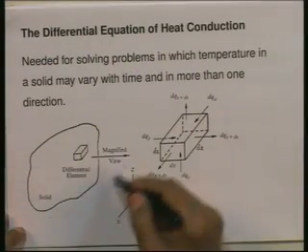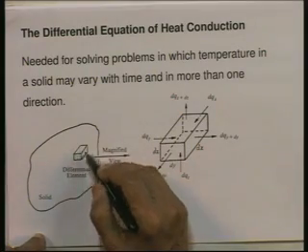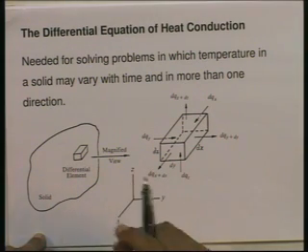Now, for solving the differential equation, consider that we have any arbitrary solid like this. And to derive a differential equation, you always need to take an element inside this solid. Let us say we are going to do the derivation in the Cartesian coordinate system.